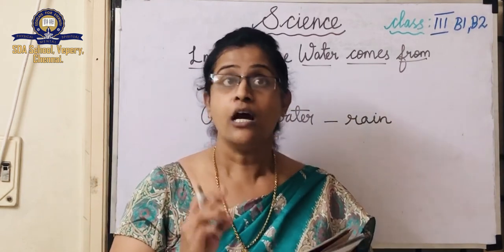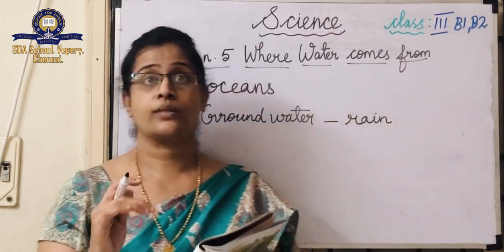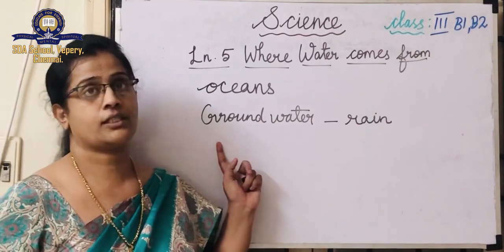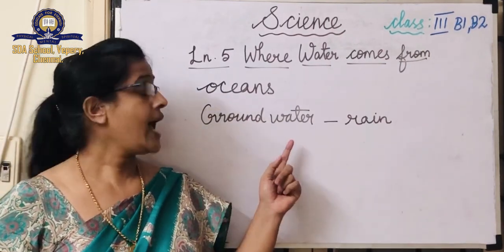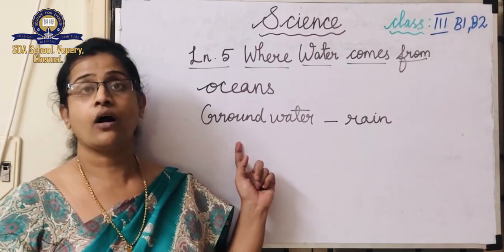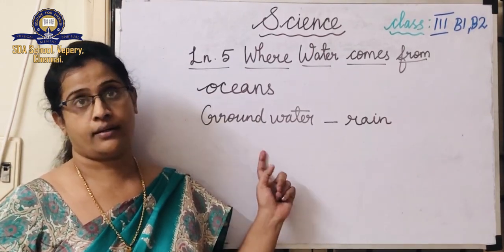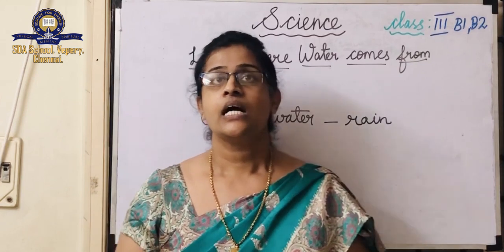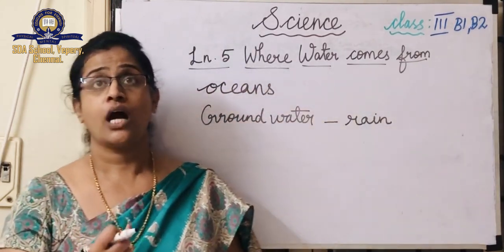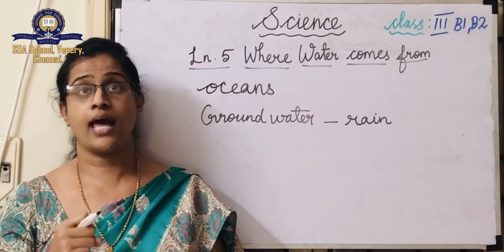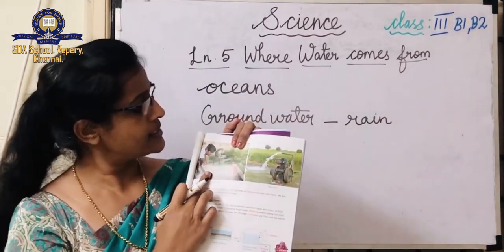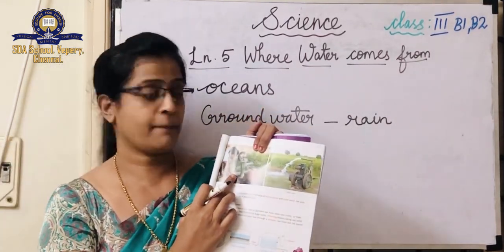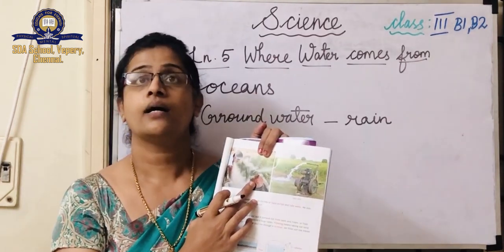The water stored underground is called groundwater. Okay? We draw out groundwater with the help of hand pumps. Look at the picture. You can see one boy is pumping, isn't it?